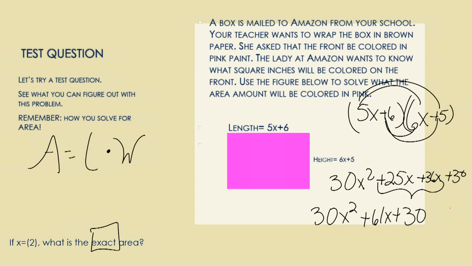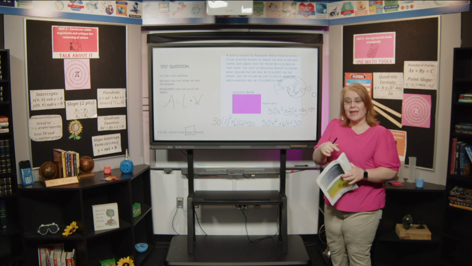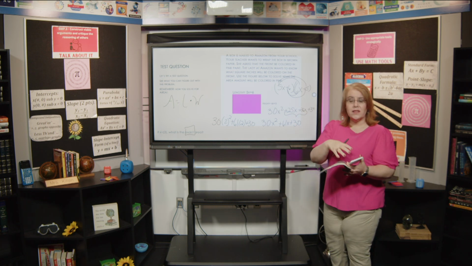So let's do that. So I've got 30 times 2 squared plus 61 times 2 plus 30. Now, I'm going to put that just like that into my calculator. There's no sense in me guessing. Calculator skills.